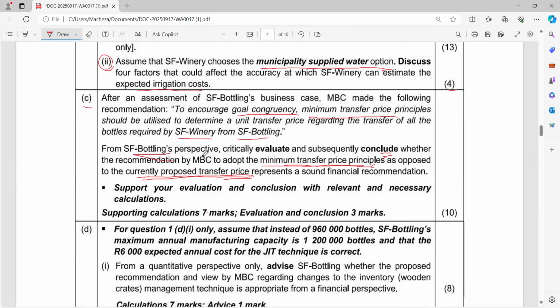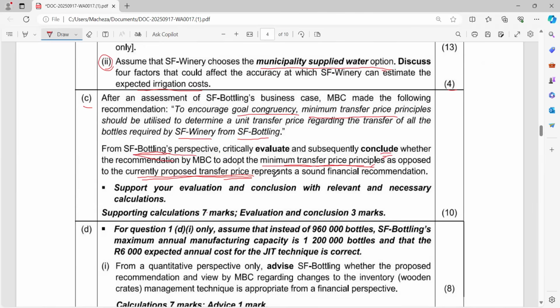No, it's going to reduce their transfer price from 12.55 to 12.33. So SF Bottling is going to lose. So from SF Bottling's perspective, the minimum transfer price is not right. Do we agree there?